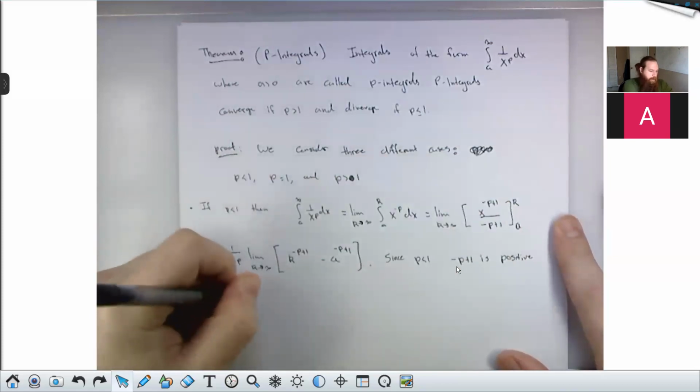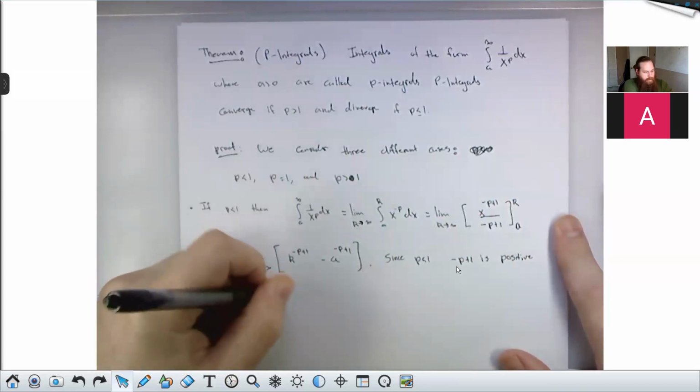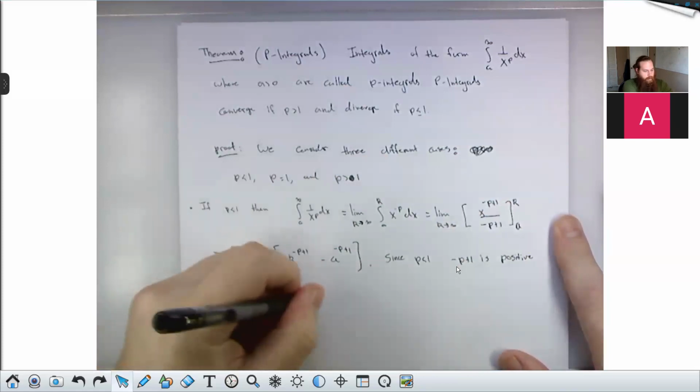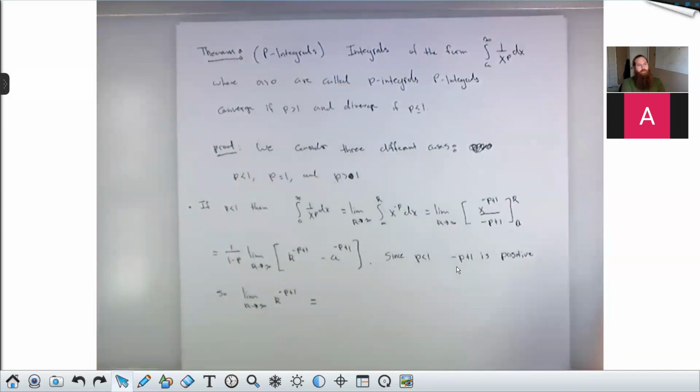So then what is the limit as r goes to infinity of r to the negative p plus 1 if this power is positive? What happens to positive power functions when you send their variable to infinity?